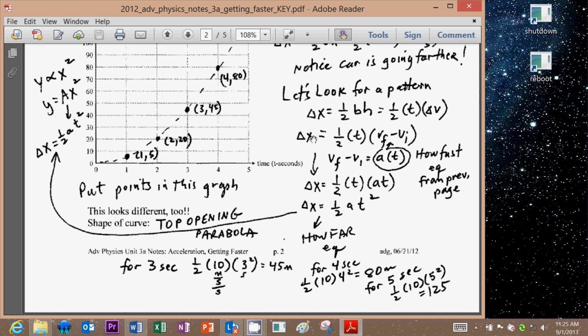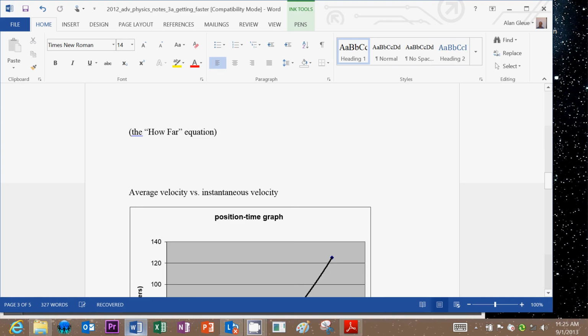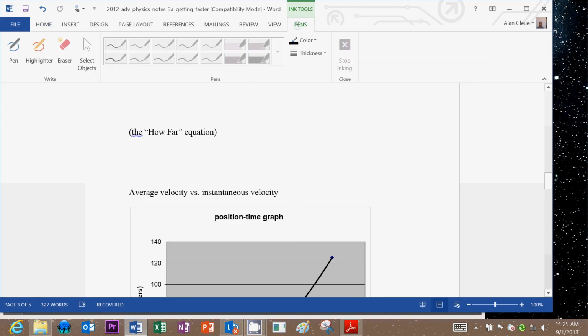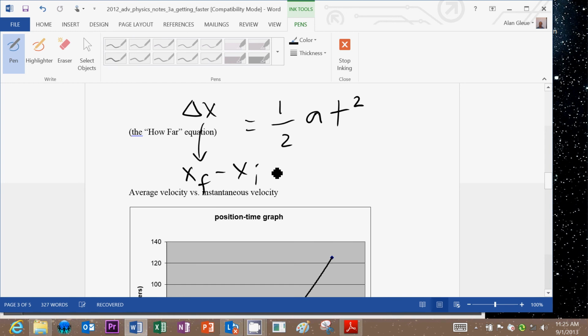We're on page 3, and I'm going to go now to Word, and I'm going to get a pen here. So 1/2 AT squared represents then delta x, or how far. Delta x then is xf minus xi. That's called then our displacement.